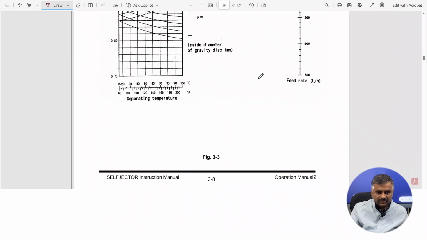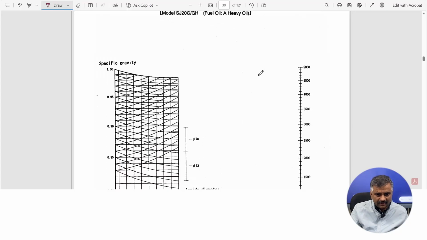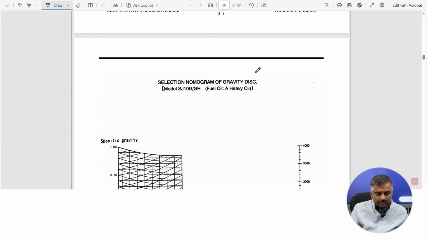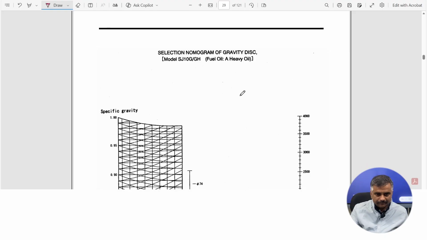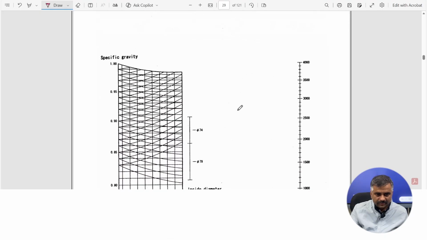All further explanations are for the model and type of gravity disk and that type of oil. We have a number of nomograms coming in the sections in the manual, like the SJ10 with heavy oil A, what can be the gravity disk.